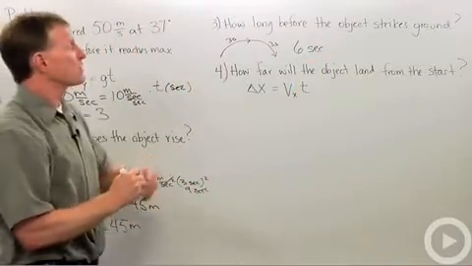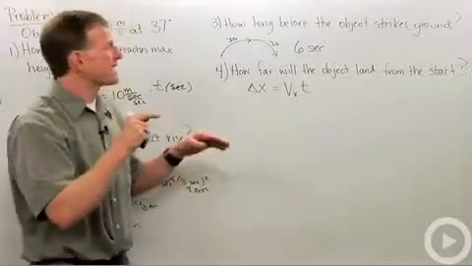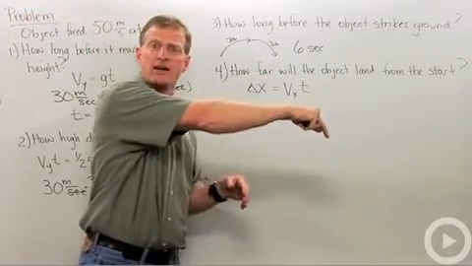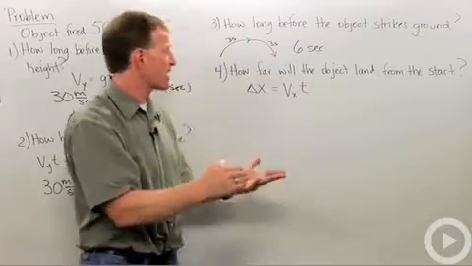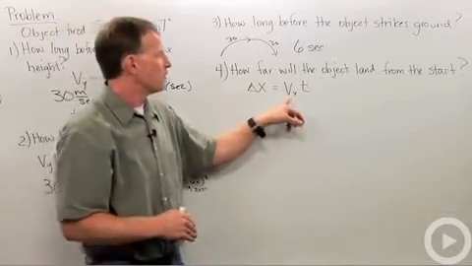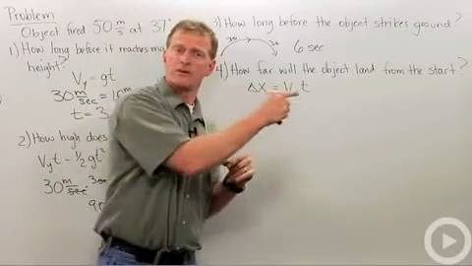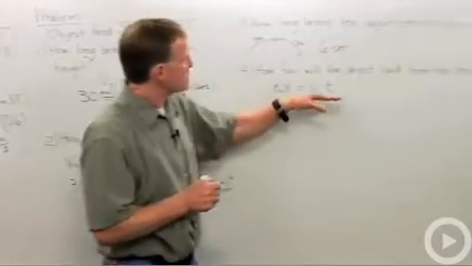Now another question that's commonly asked is, how far is that going to land from where I shot it, right? I want to know where my cannonball is going to land, maybe hopefully on my target. So that distance can be calculated by the velocity on the horizontal, which is right there, times time.